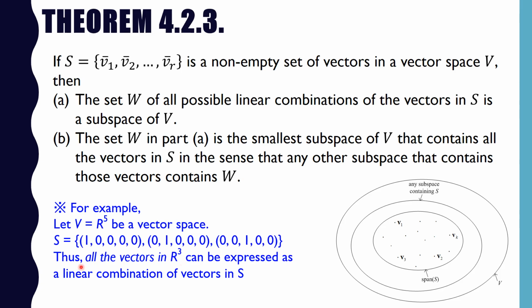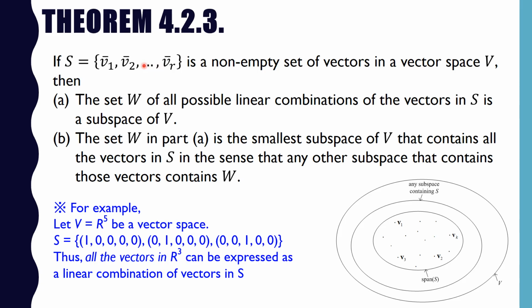So all the vectors in R3 can be expressed as a linear combination of vectors in S. Now R3 is a subspace of R5.